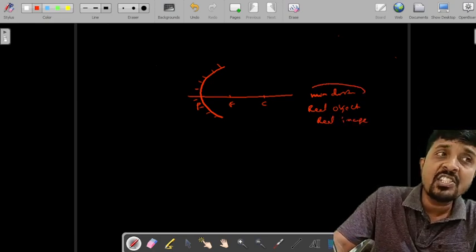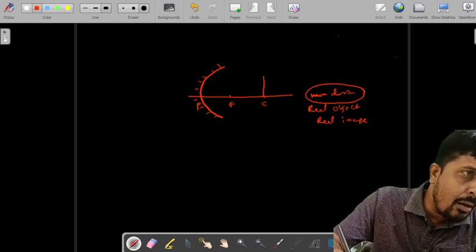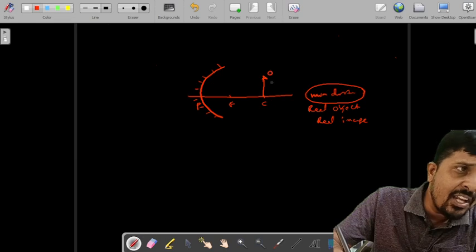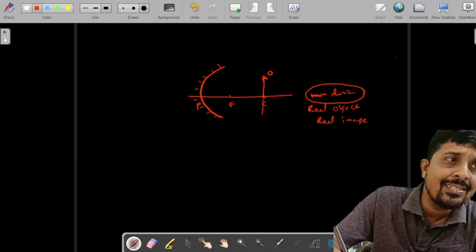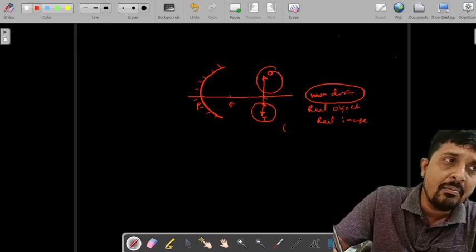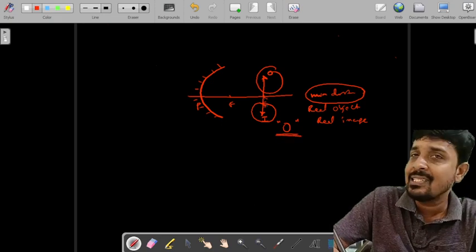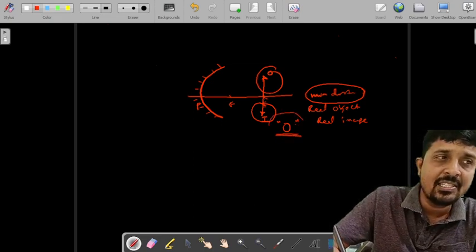Let us assume that the object is placed on C, then where is the image going to be formed? Exactly on C. Now this is the real object and this is the real image. What is the distance between them? 0, because both are formed on C. That's why the answer should be 0.